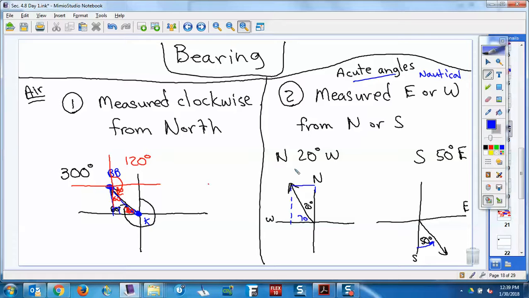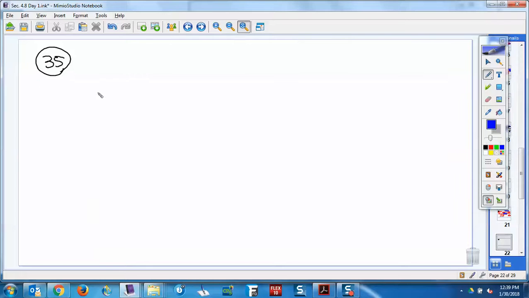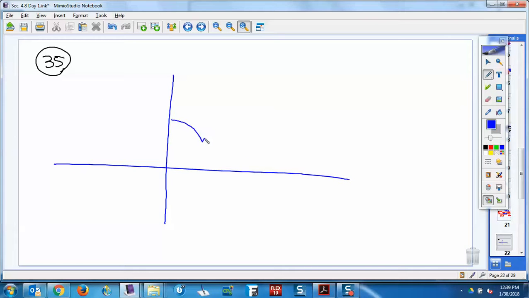It's always measured clockwise from north. Right, a bearing of 52 degrees, so it's from north.